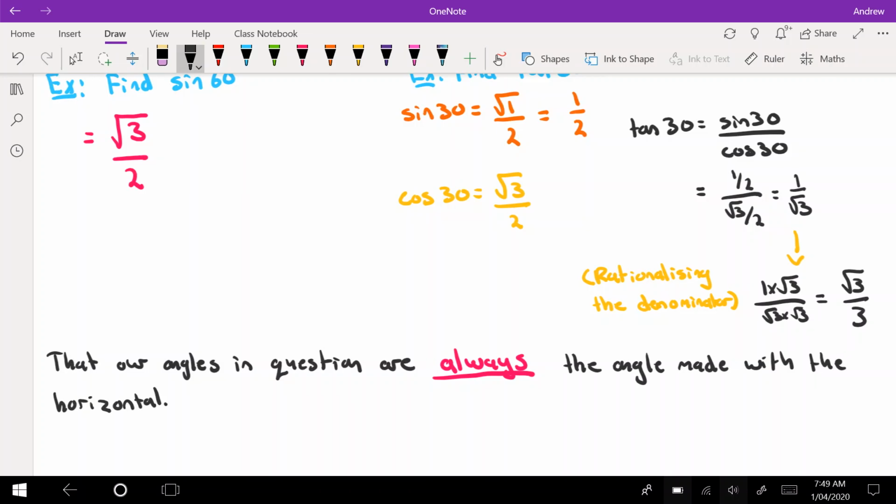So we're always after the angle that our line makes with the horizontal axis.